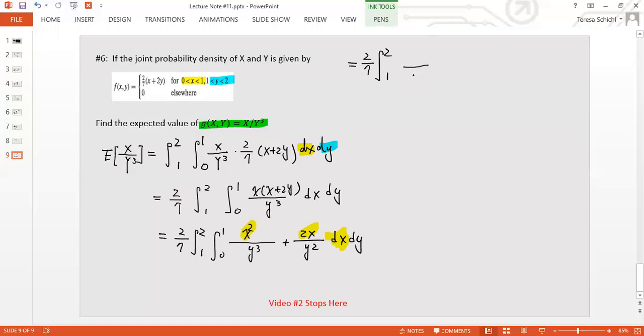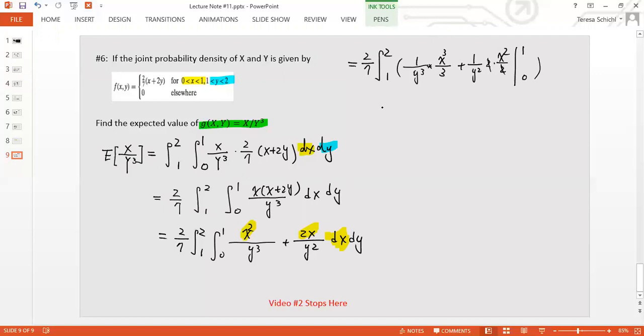The first integration: y cubed times x cubed over 3, because you integrate x squared. Then plus y squared 2x, integrating gives 2 times x squared over 2, so the 2 can cancel. The lower bound is 0 and the upper bound is 1, right?